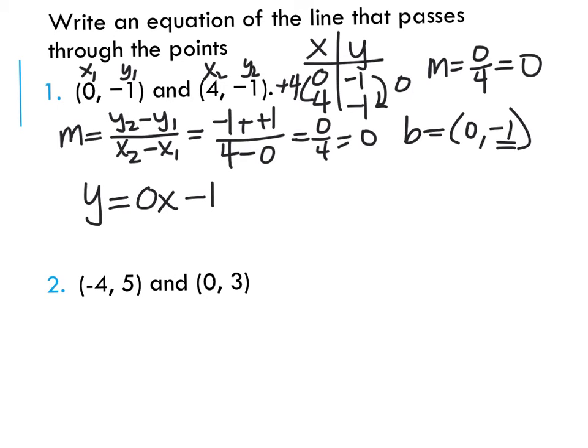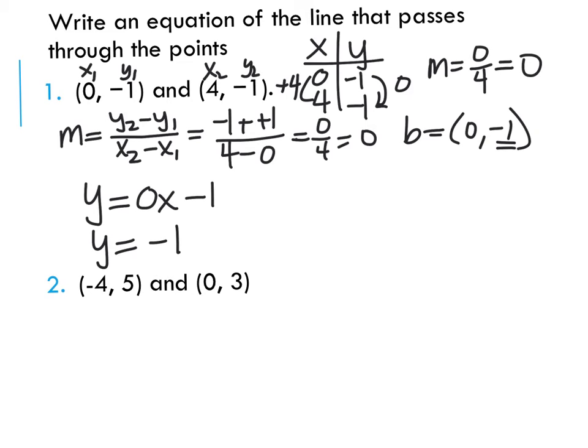Now usually we will not see an equation that says 0x in it. This is technically in slope-intercept form, but I would simplify this and just write y equals -1. Notice on this the y values are the same, and so it is a horizontal line of y equals -1.